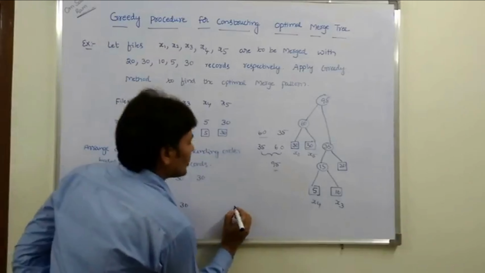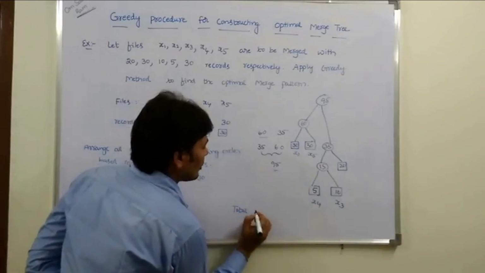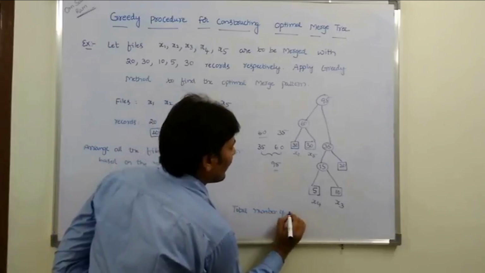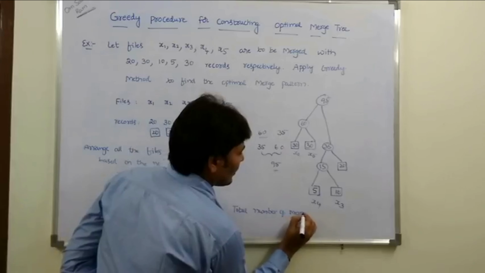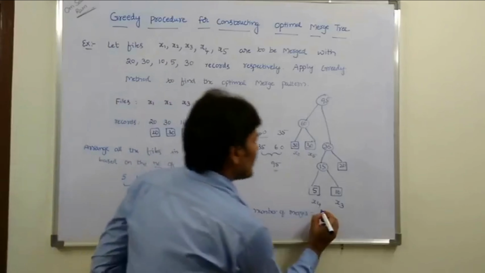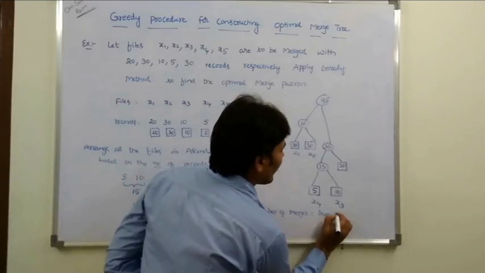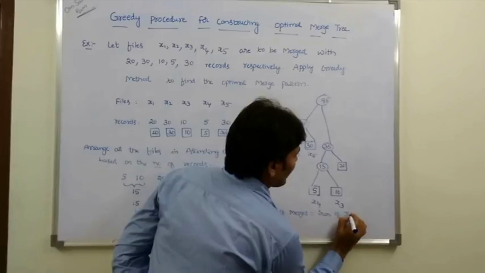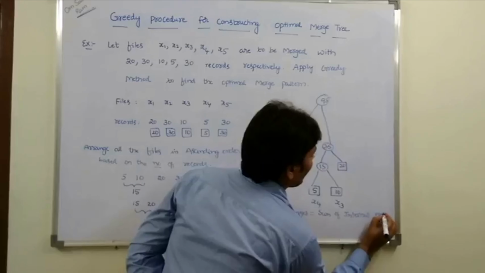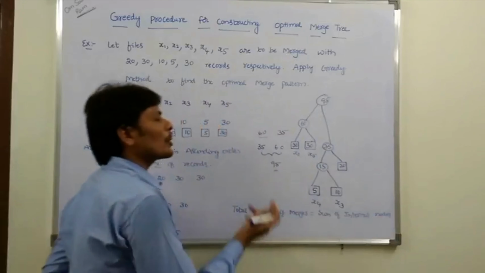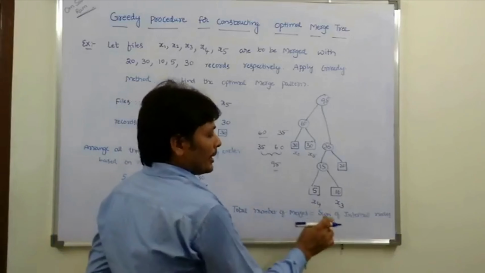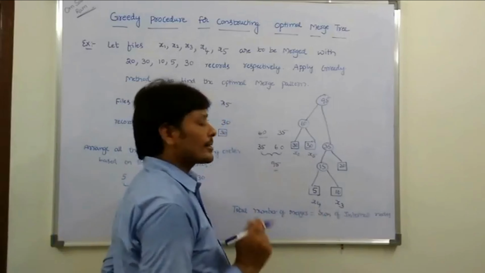Here the total number of merges is equal to the sum of internal nodes. The internal nodes can be represented as circles.